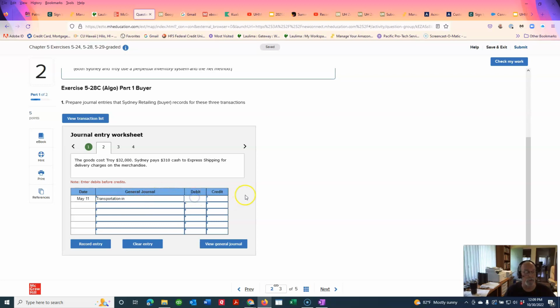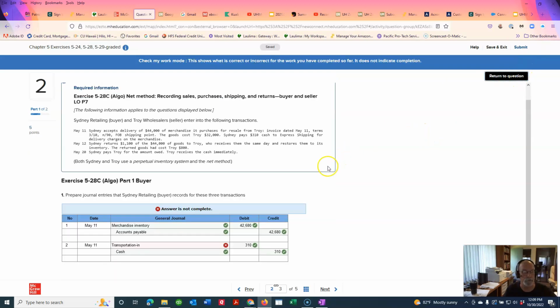We'll debit that for the amount of the shipping, and it was paid in cash, so we will credit cash also in the amount of $310. And so let's see if that's going to work out for us.